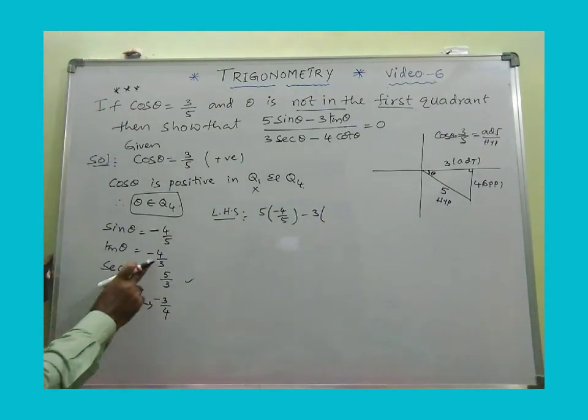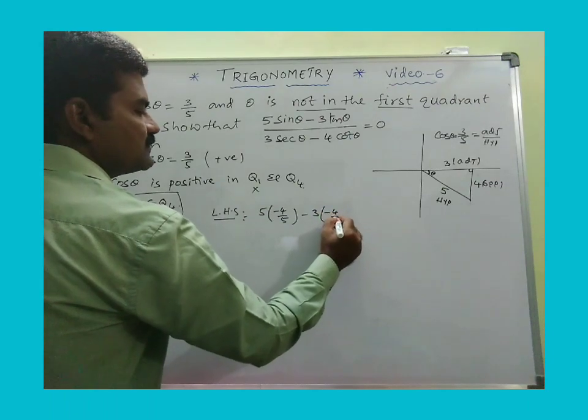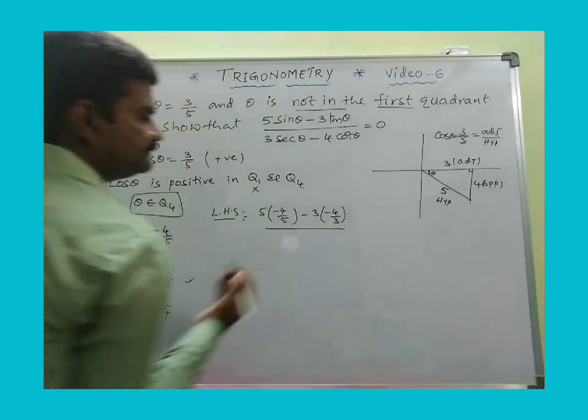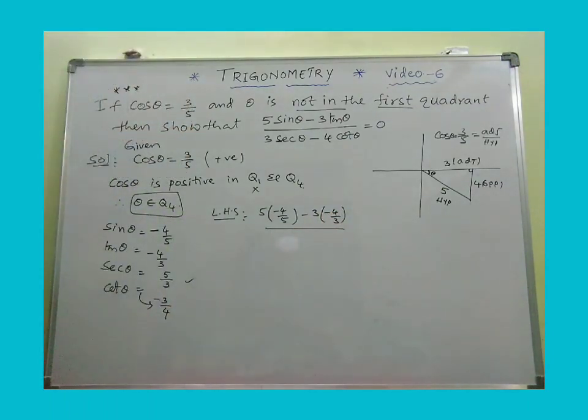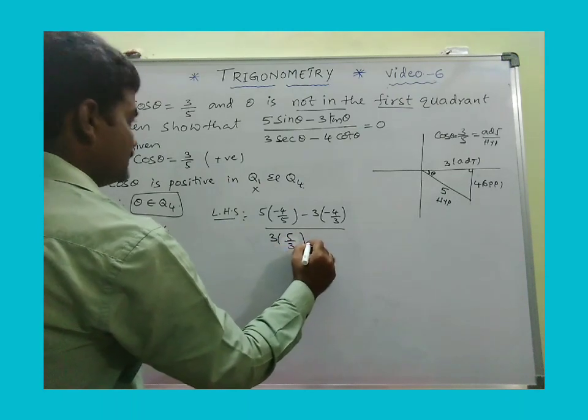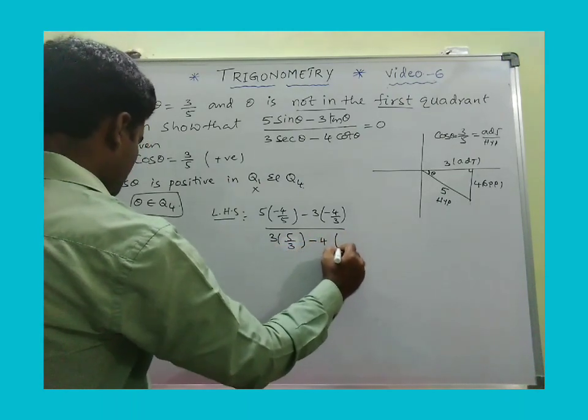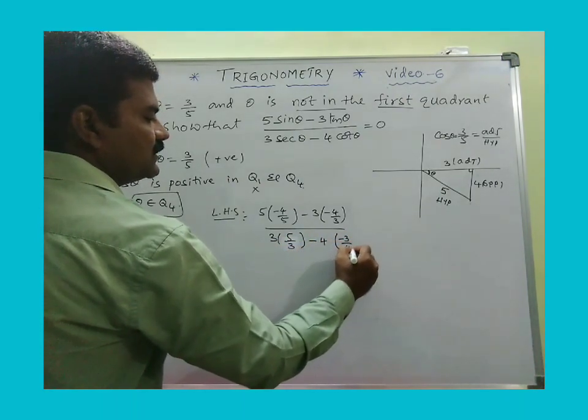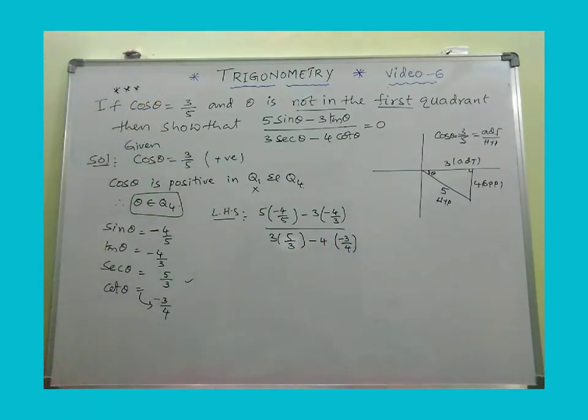Now coming to the problem, LHS: 5 into sin theta, whose value is minus 4 by 5, minus 3 into tan theta, whose value is minus 4 by 3, and 3 secant theta, whose value is 5 by 3, minus 4 into cot theta, whose value is minus 3 by 4.